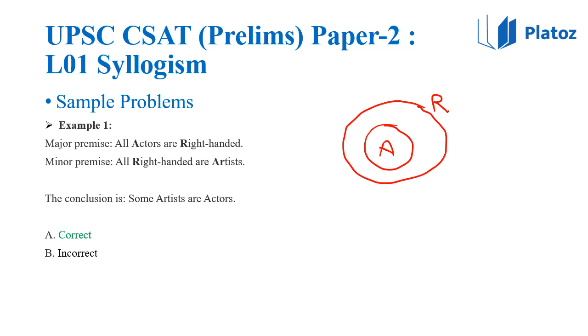So all A are B form, and all right-handed are artists. Now what is the conclusion? We have to check. Some artists are actors. That is true, because this lies within this, so some artists are actors is correct.